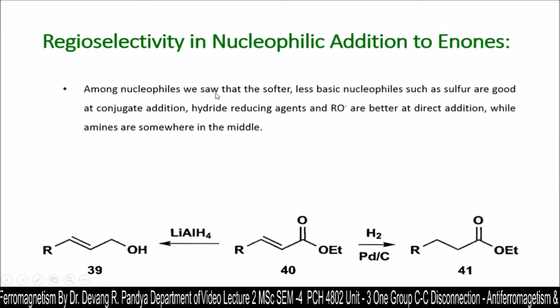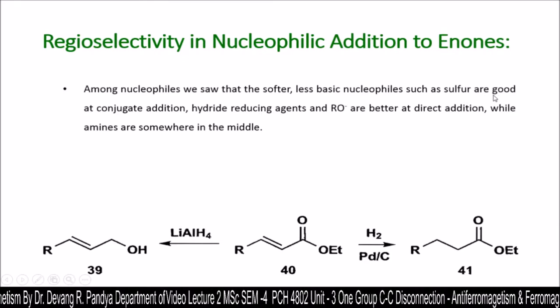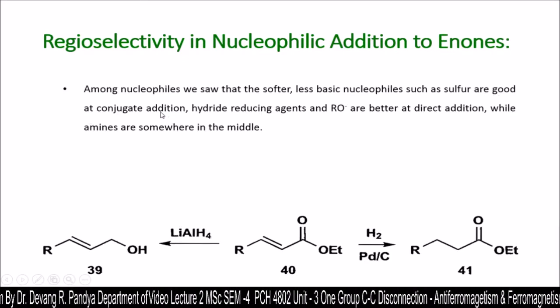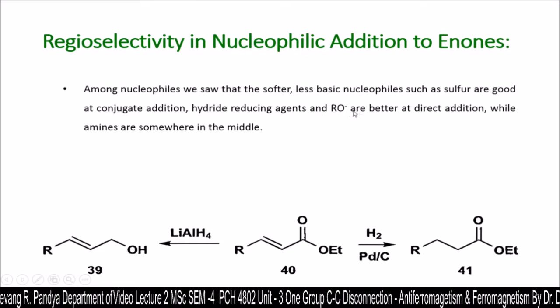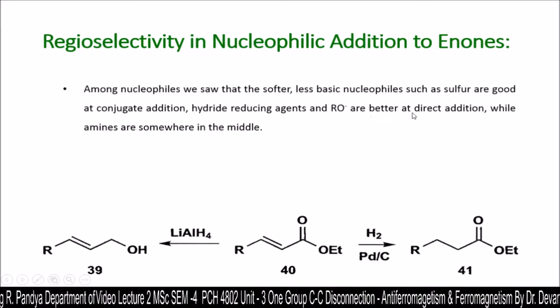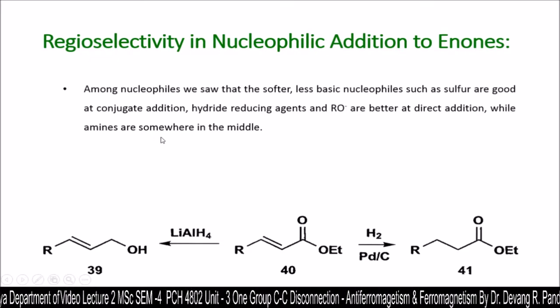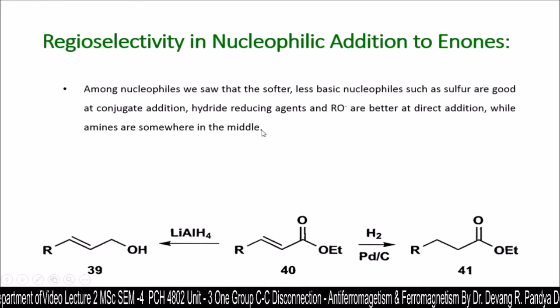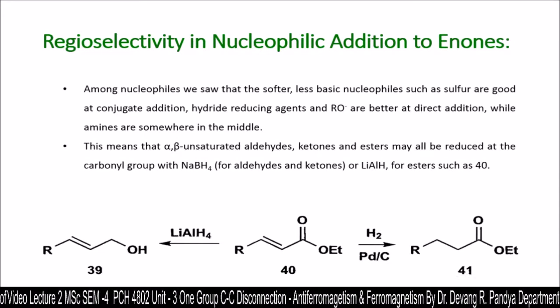Among nucleophiles, we saw that softer, less basic nucleophiles such as sulfur are good at conjugate addition, that is Michael addition. Hydride reducing agents and alkoxides are better at direct addition, that is 1,2 addition, while amines are somewhere in the middle. They may give either 1,2 or 1,4 addition depending on the nature of the compound.